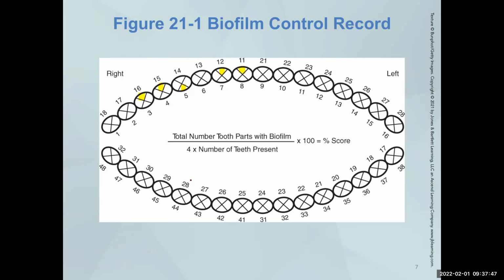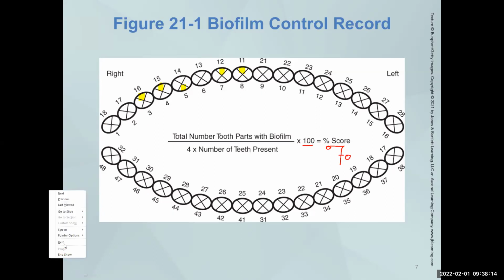And you are just typing in, entering in mesial, distal, facial, lingual on each tooth. And then you're adding all of them up and doing the math. Okay, and you're dividing it and multiplying it by 100 to give you the percent. Right, so that's what you incorporate with your patient.